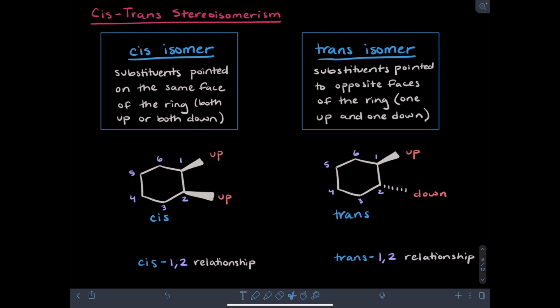And in the other case, we would call this a trans 1-2 relationship. Thinking back to earlier in the video, if we wanted to describe the stereochemical relationship between these two molecules, I would describe them as diastereomers. They are stereoisomers that are not mirror images.